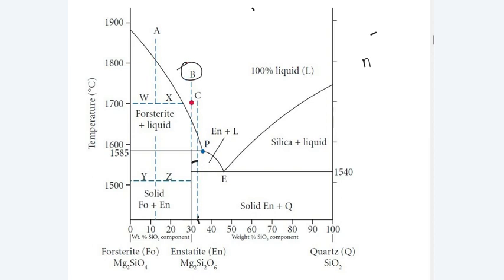For this composition, the percentage of olivine that forms from this point to this point will be equal to the SiO2 percentage. That's why both will be consumed and converted to ancetite. Finally, we will get only ancetite.